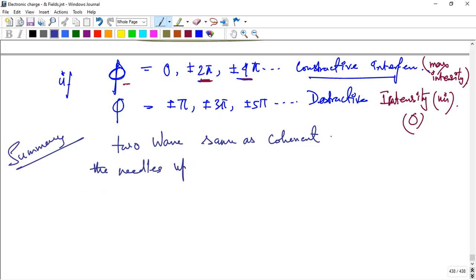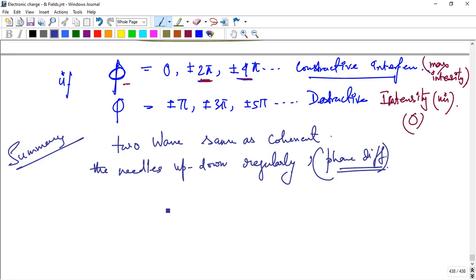So here we get a phase difference, and we get a stable interference.